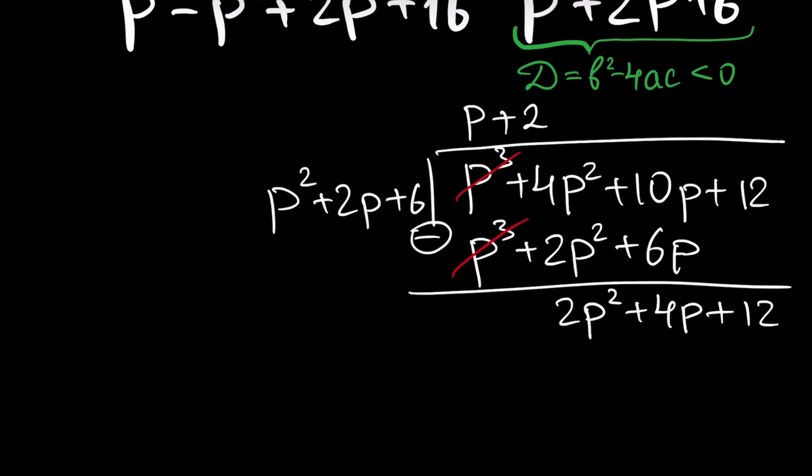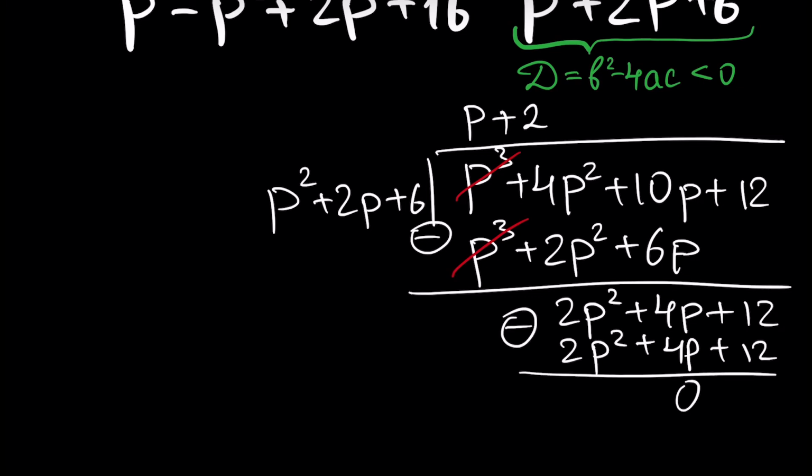And here we write plus 2. And when we multiply this plus 2 by this polynomial, we will have 2p squared plus 4p plus 12. And after subtraction, it will be 0. That's why this polynomial can be represented as a multiplication of this polynomial by this polynomial.